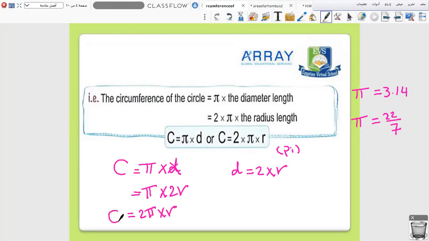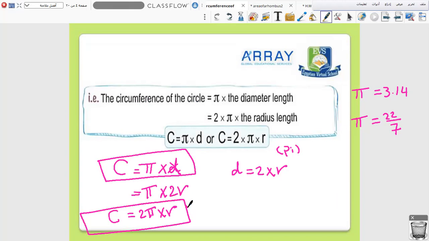So there are two rules to get the circumference. The first is pi times d, pi times the diameter. The second is C equals 2 pi times r.